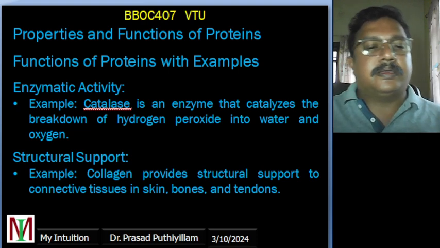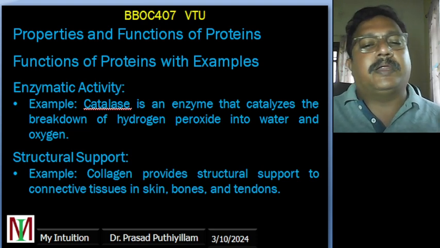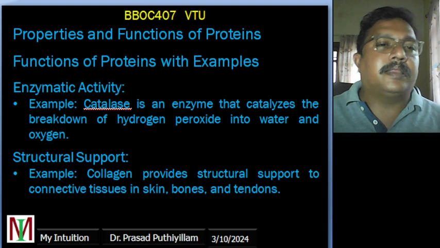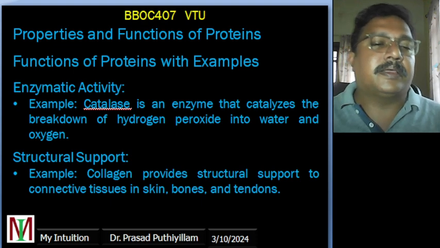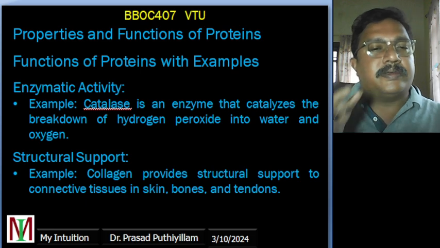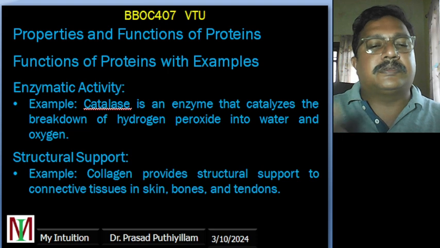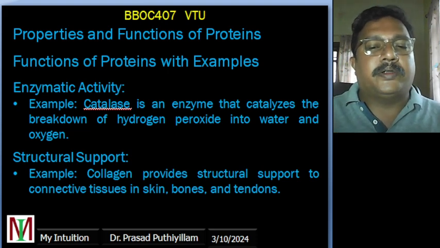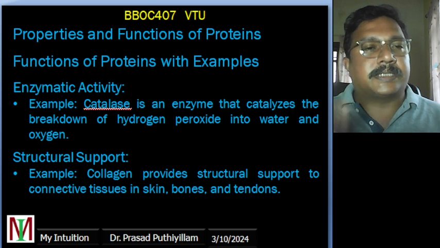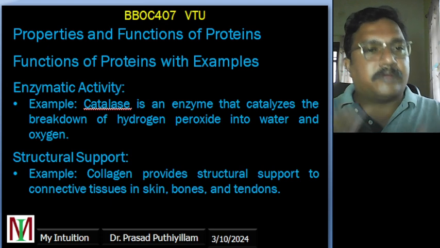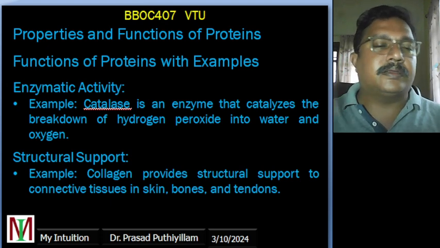Collagen is a major structural protein found in our skin, our bones, and the tendons in between the muscles. It is like a very strong mesh which gives our skin its elasticity, our bones the required strength, and the tendons the flexibility, because movement is needed.